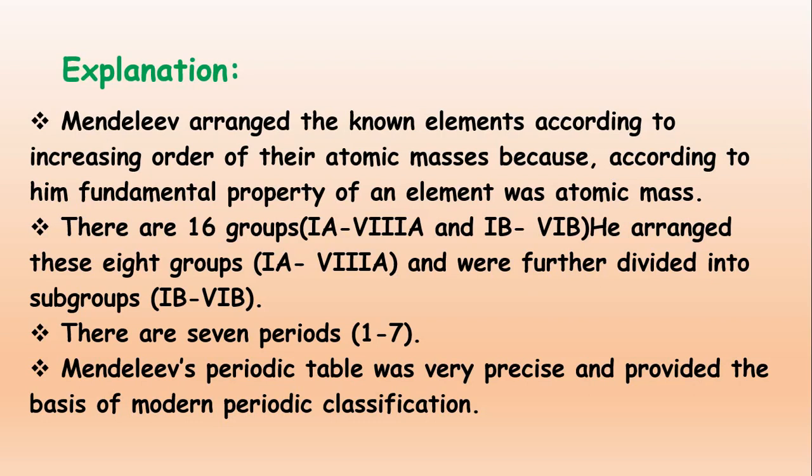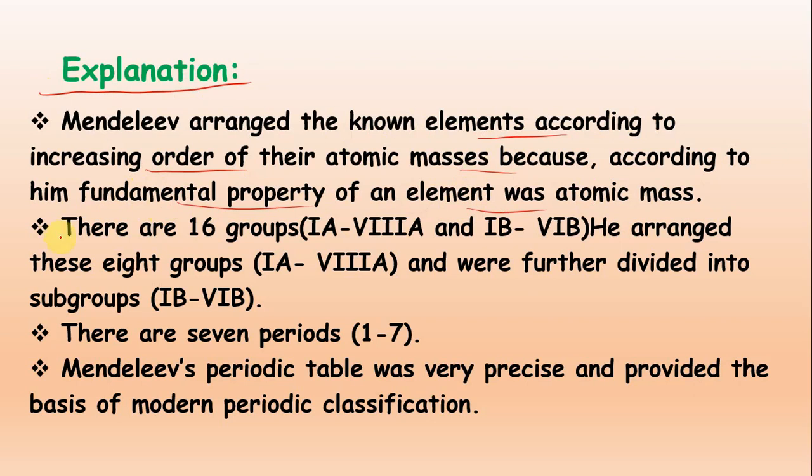Now the explanation of Mendeleev's periodic table. Mendeleev arranged the known elements according to increasing atomic masses, because he thought the fundamental property of an element is the atomic mass.